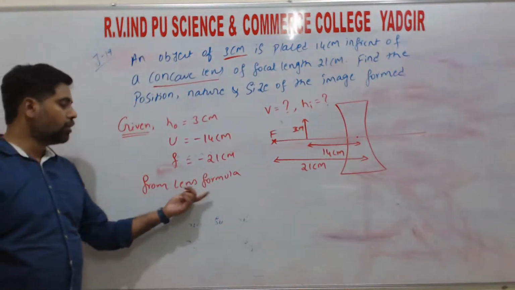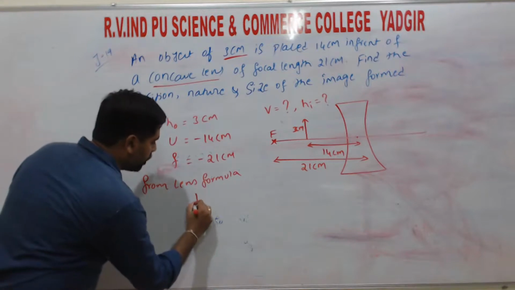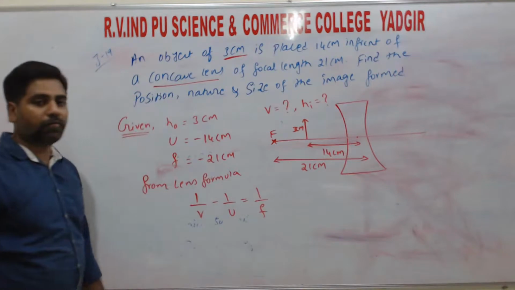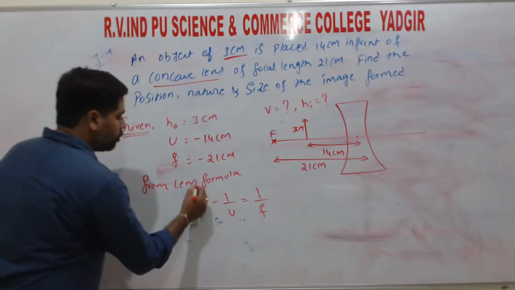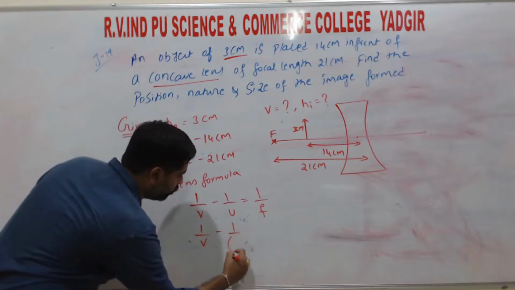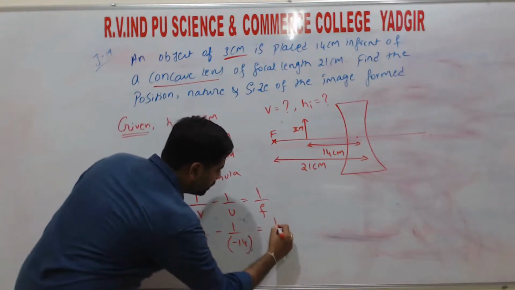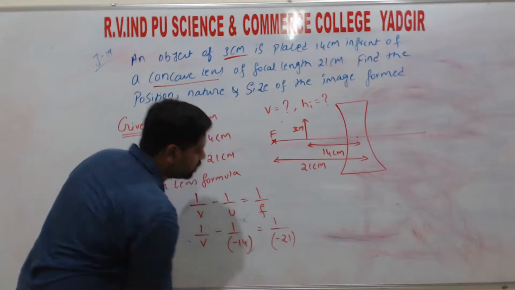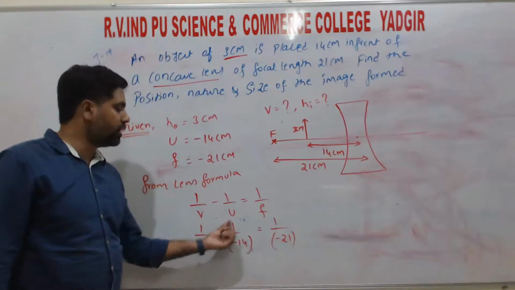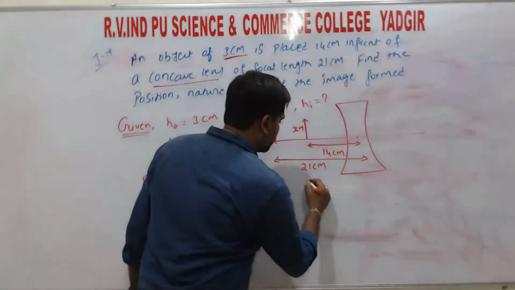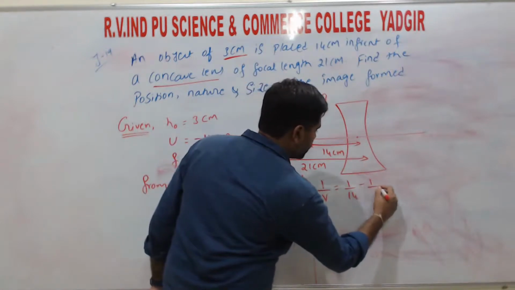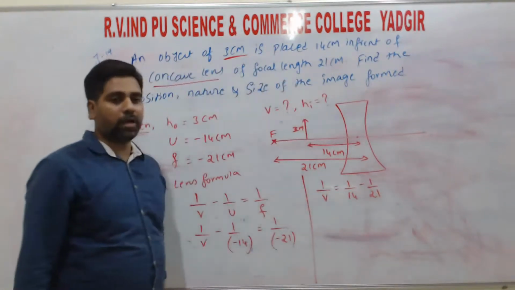For that we use the lens formula, that is 1 by v minus 1 by u equals 1 by f. So we need v: 1 by v minus 1 by u, where u is minus 14, equals f, which is minus 21. Minus into minus is plus, so if we shift to the RHS, 1 by v equals 1 by 14 minus 1 by 21.